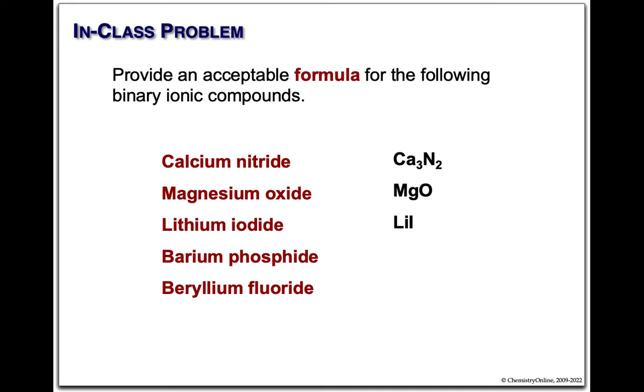What's the charge on barium? It's group 2, so it's +2, right? Phosphorus is here in group 5. It will be a -3.